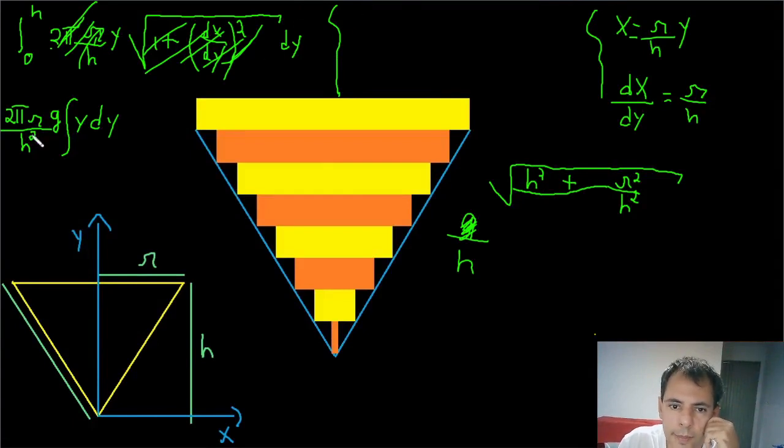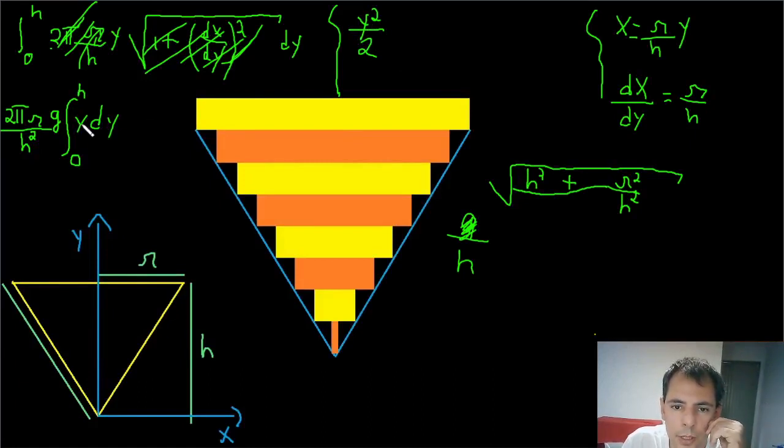I'm going to continue this mess over here. So it's going to be this term, and the integral of y with respect to dy, which is y squared divided by 2. Now you have to plug in. What's the limit of integration? From 0 all the way to h. If you plug 0 in here, it's just going to be 0 divided by 2. Don't worry about that.